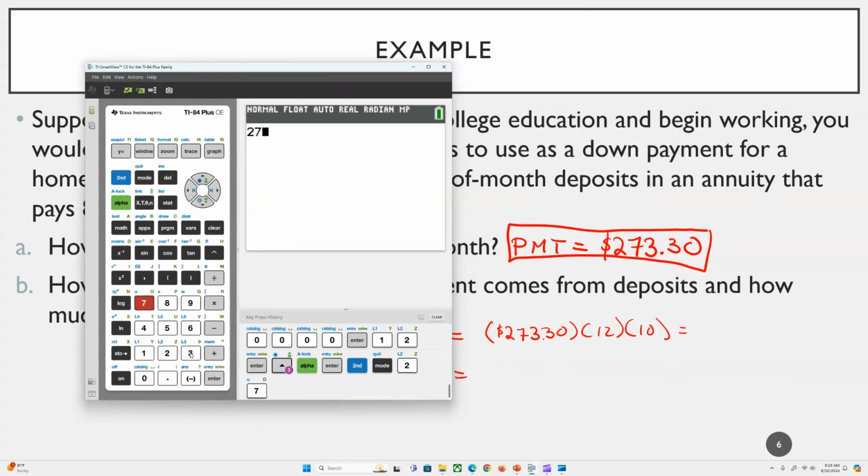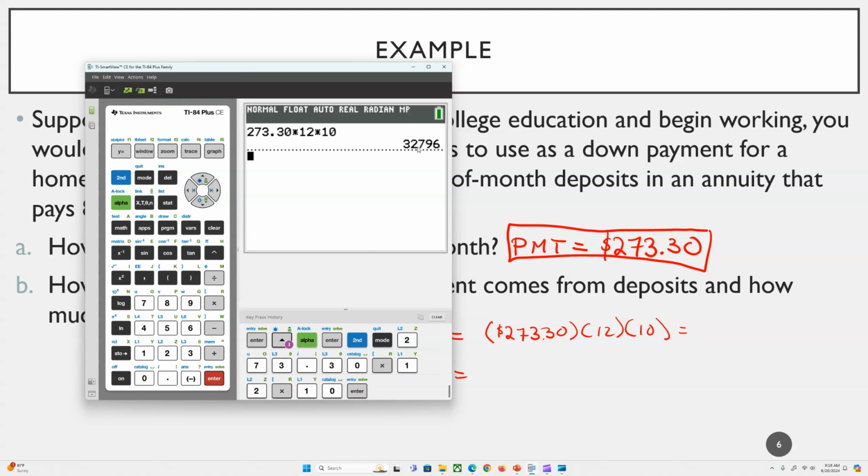So $273.30 times 12 times 10. I've deposited $32,796.